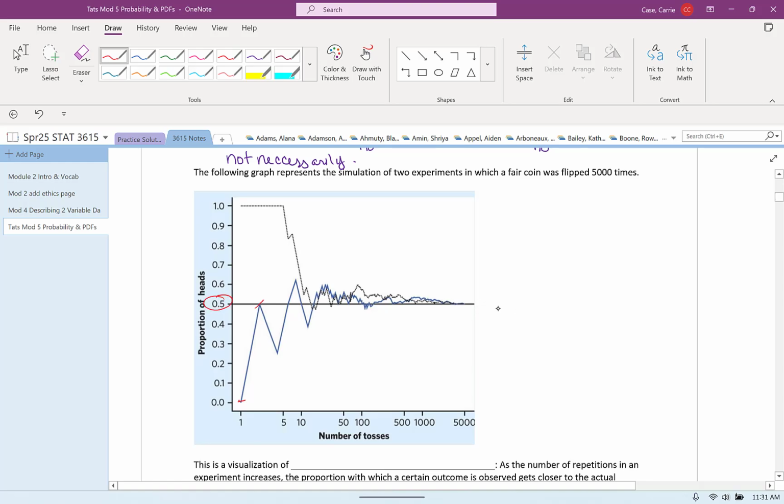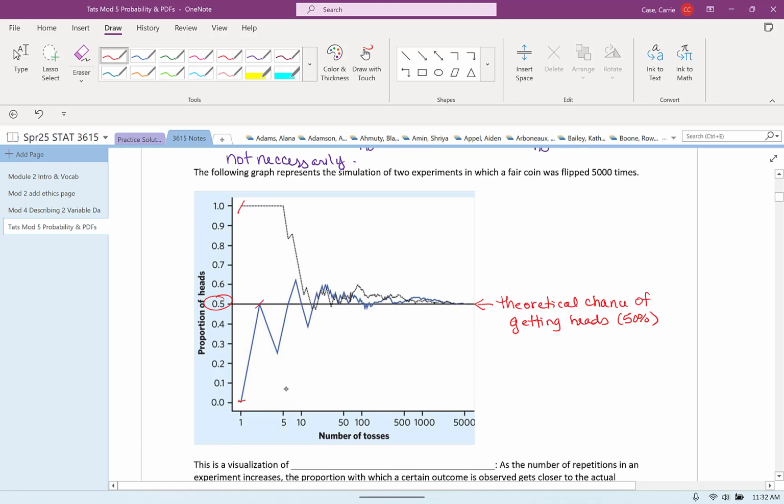This number here is my theoretical chance of getting heads. It's 50% or 0.5. In the other example, we got a head the first time, and so the chance of getting heads was 1.